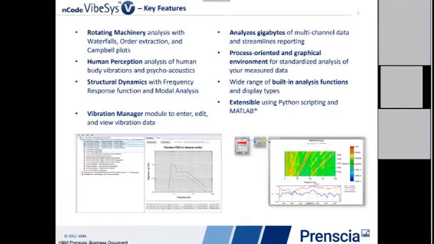Then we've got another area called human perception. That's for the human body: how does the human body react to vibration? That's typically for vehicle manufacturers, or tools that transmit vibrations to the human body.